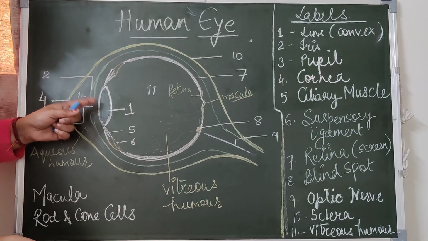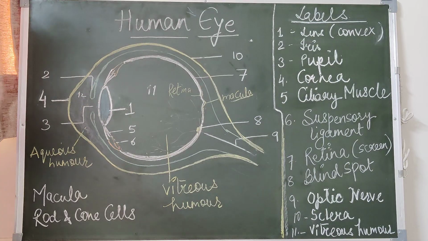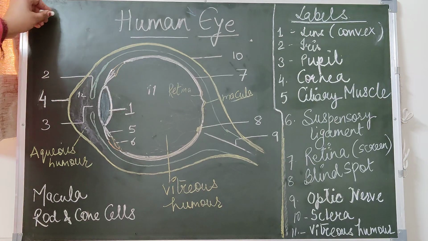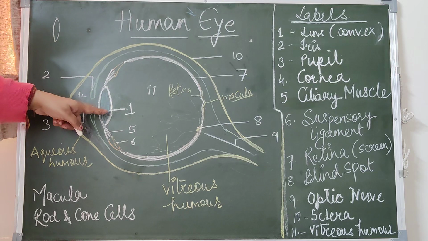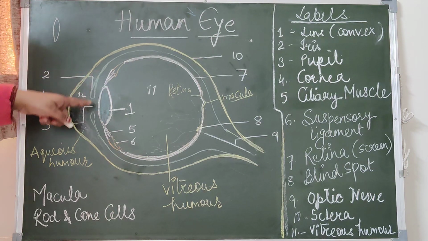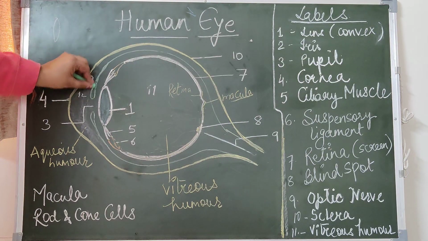The very first point we have to focus on from here, this point, that is human eye. So side by side I will draw this diagram also, so that you get to know what is the thing you have to draw. This is the lens, human lens. Now this is an important part, so it has been protected by the colored section, and this colored section is called the iris.